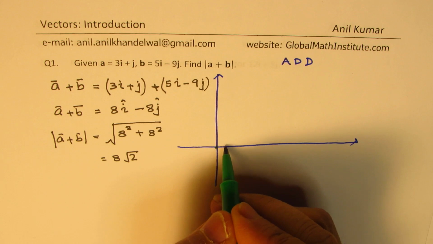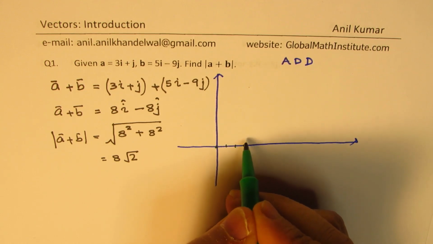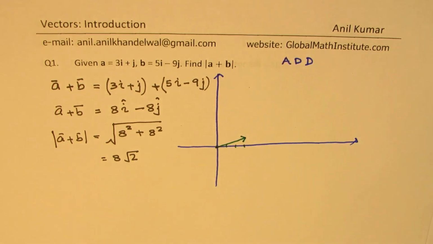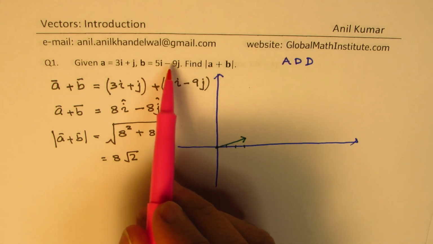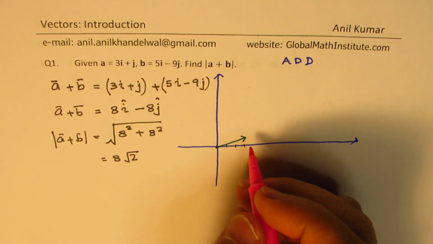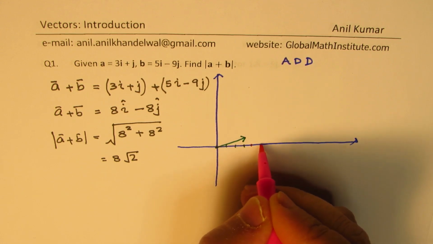That means you go 3 units to the right and 1 unit up, right? So that is 3i plus j, your vector A on a coordinate plane. Now, let me show 5i minus 9j on the same plane. This is 3, 4, and 5.